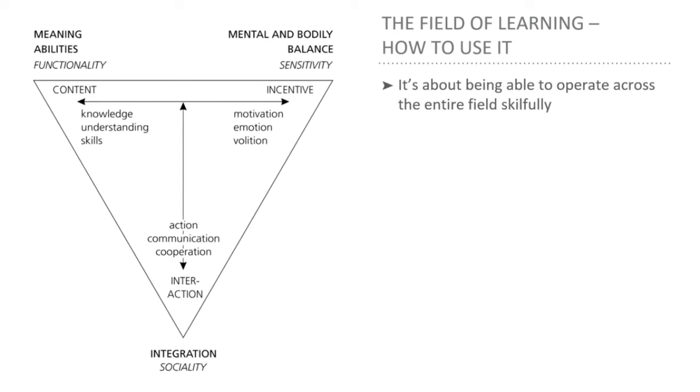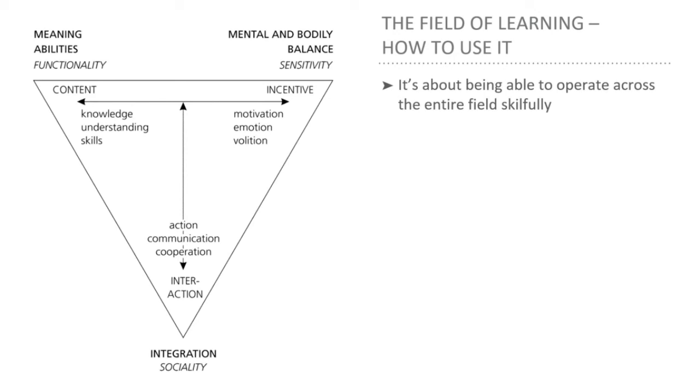We need to be able to take into account the whole field and help students with their needs across those different places. So we need to attend to the content and the skills we're delivering. We need to attend to the needs of the individuals within the room, thinking about their interests and their motivations.